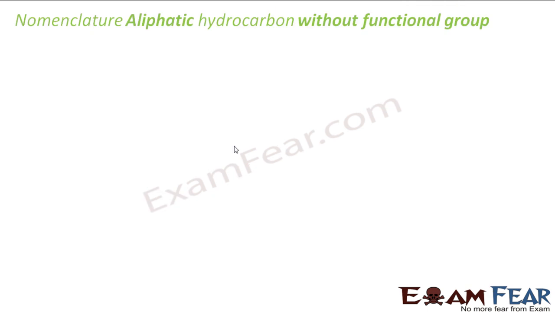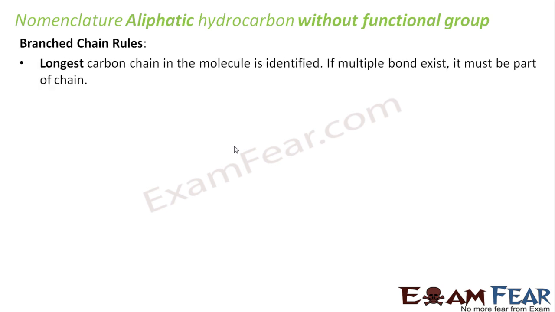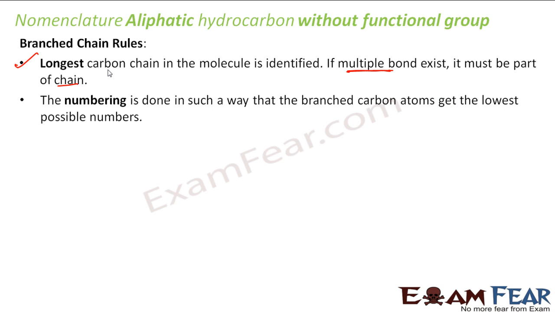Correct? So let's start with the nomenclature of aliphatic compounds without functional group, but this time which is a branch chain. Please pay a little attention here because this is a little long rule. The first one is you have to find the longest chain. The longest chain has to be defined, and if a multiple bond exists, it must be part of the chain.